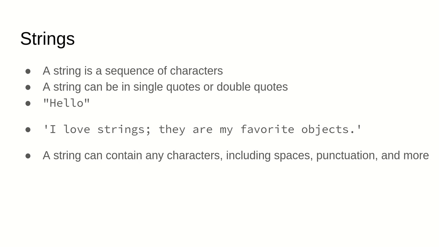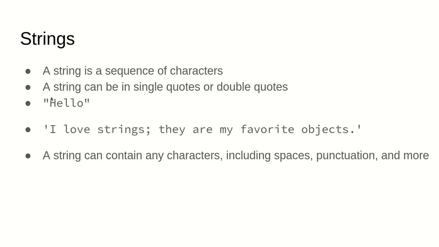This is a little different than many programming languages. In many programming languages, Java, for example, a string has to be inside of double quotes, and only a single character can be inside of single quotes. But in Python, that's not true.